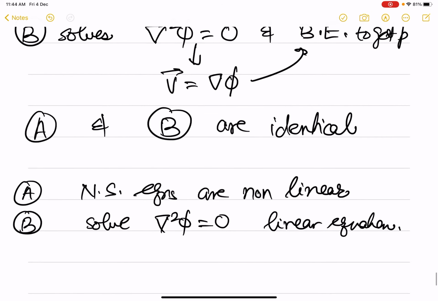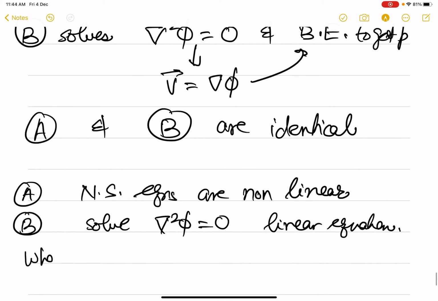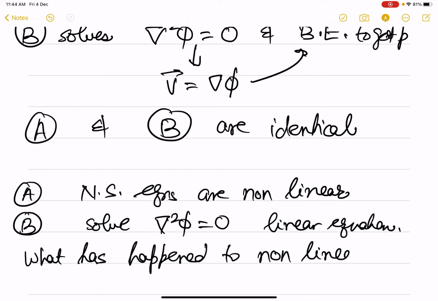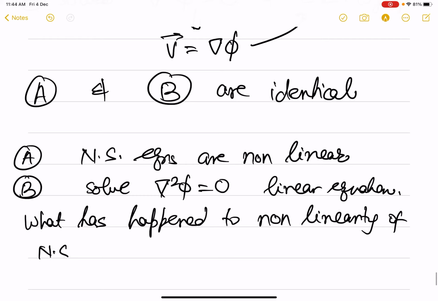Then what has happened to the non-linearity of the Navier-Stokes equation? Has it vanished, or is it still there?